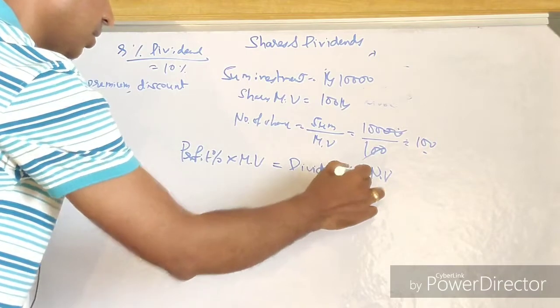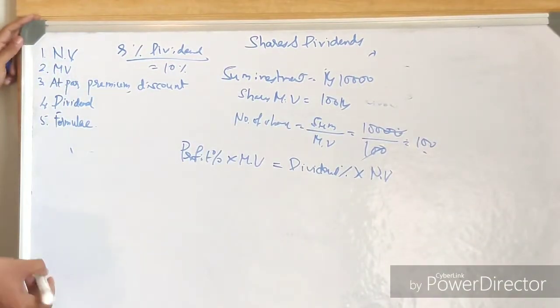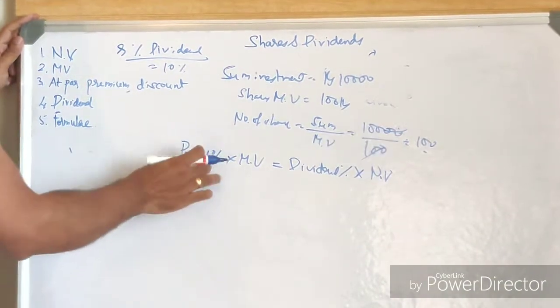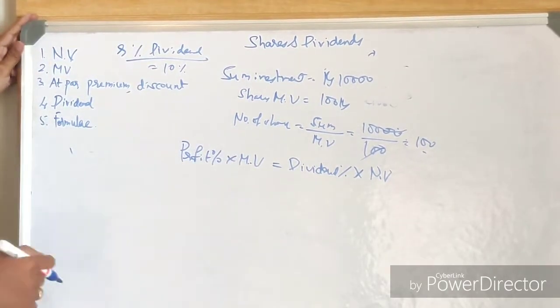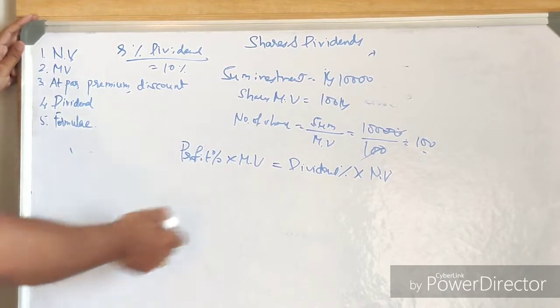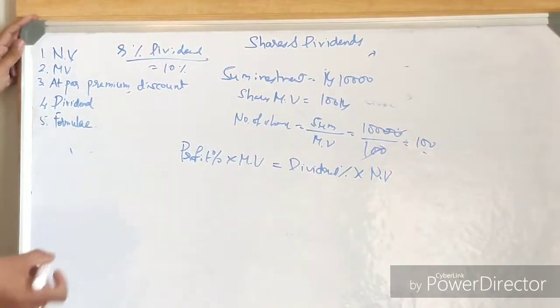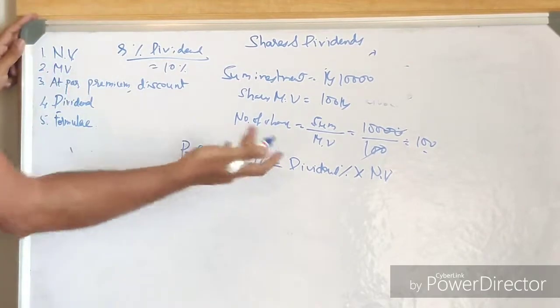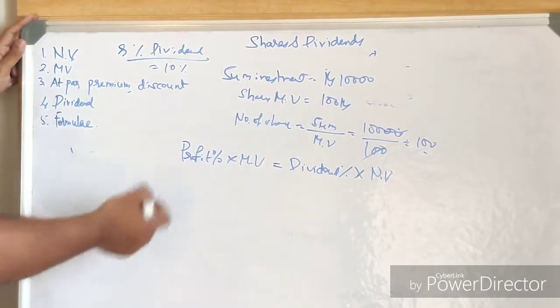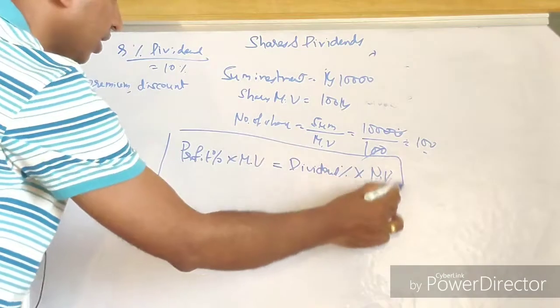This is the direct formula you can apply. The profit percentage is nothing but the dividend you got divided by the total sum investment, into the MV. Mostly you will be given any three of the parameters and need to find the fourth, which you can easily do with this method.